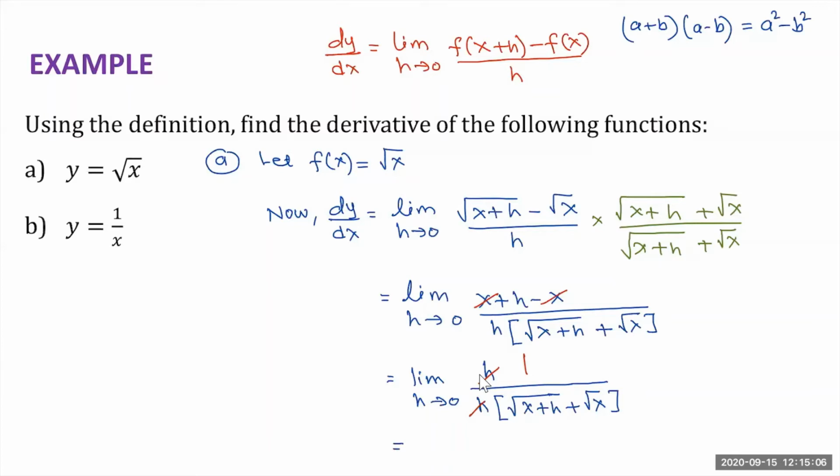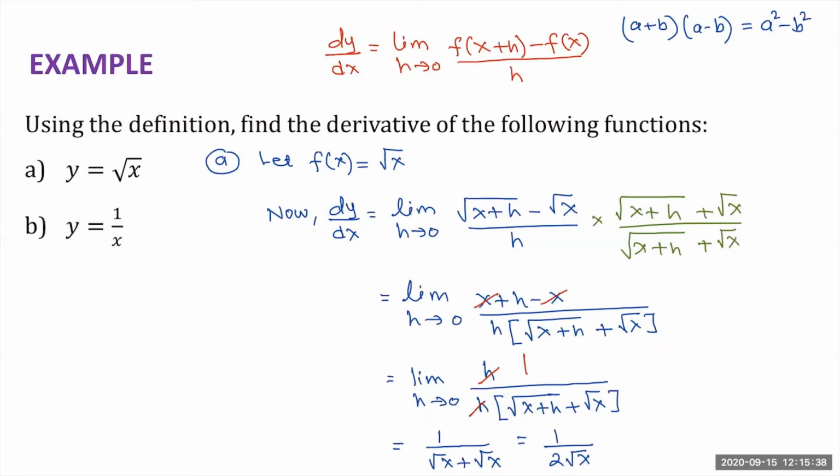If I substitute h equal to 0, you will get 1 over the square root of x plus 0, which is the square root of x, plus the other square root of x, which is equal to 1 over 2 square root of x. So the derivative of square root of x is 1 over 2 square root of x.